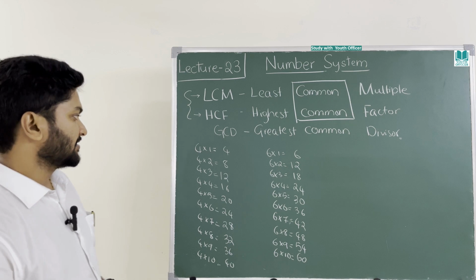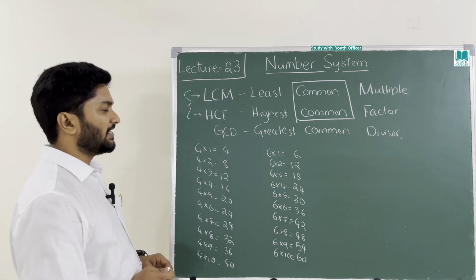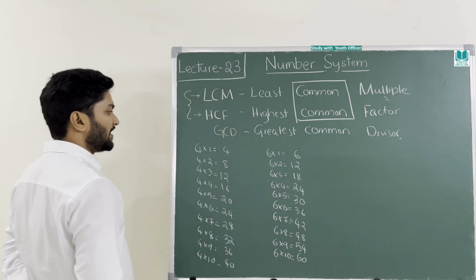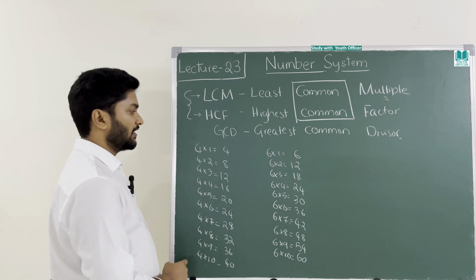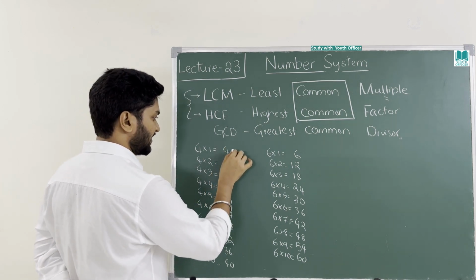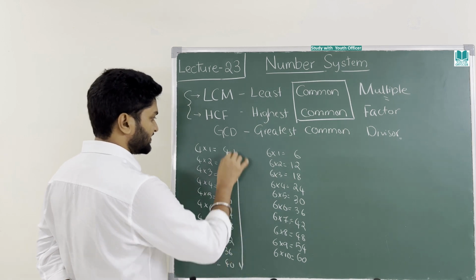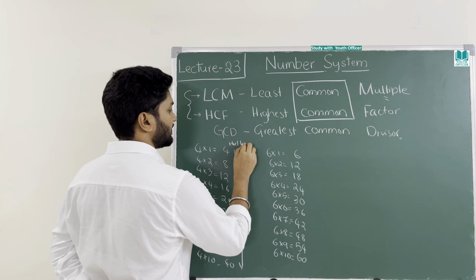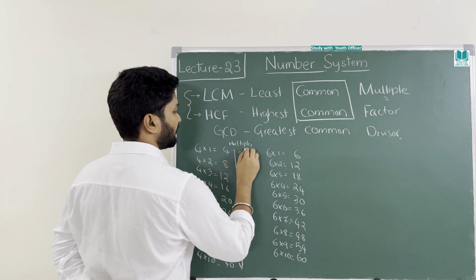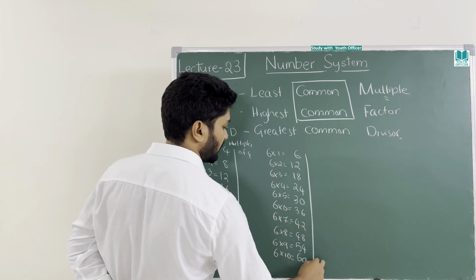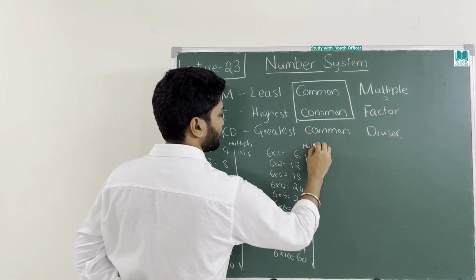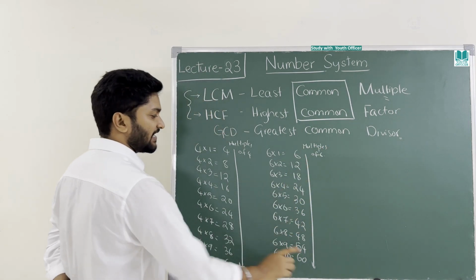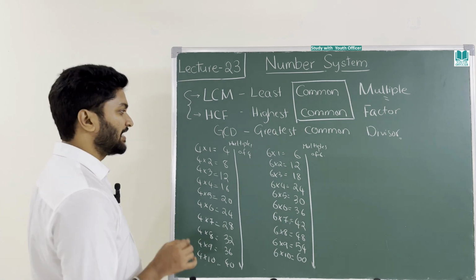So, what is a multiple? Multiple means this is the fourth table. Whatever is the result here, you see here, whole result. This everything is called as a multiple. Multiples of 4. These results are called multiples of 6. These results are called multiples.